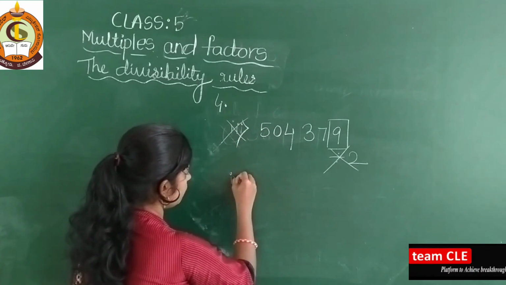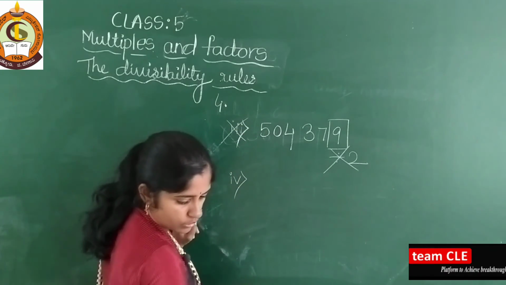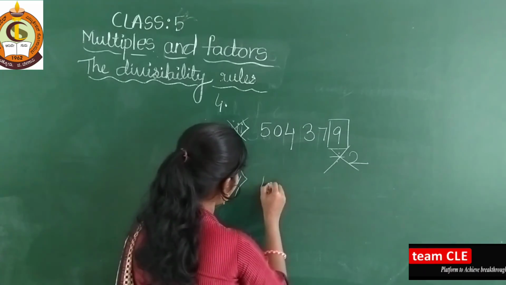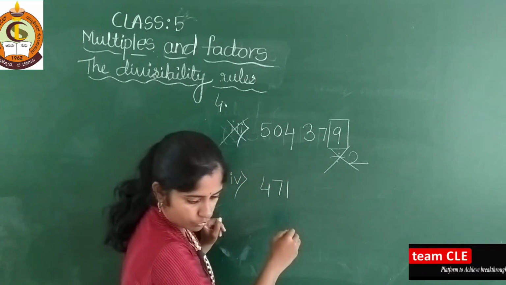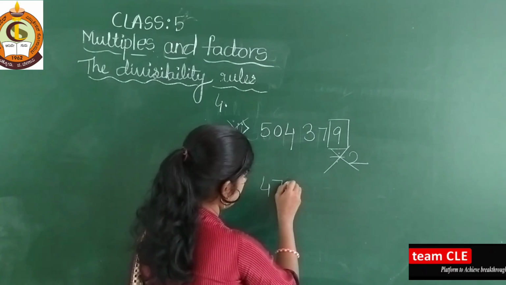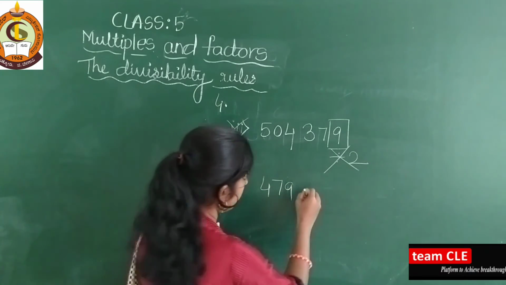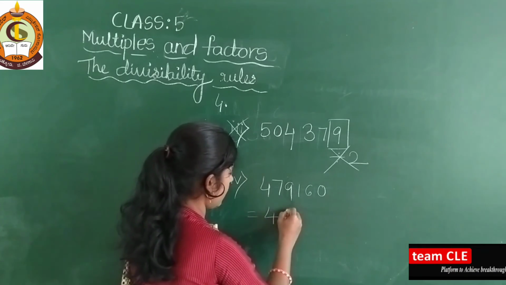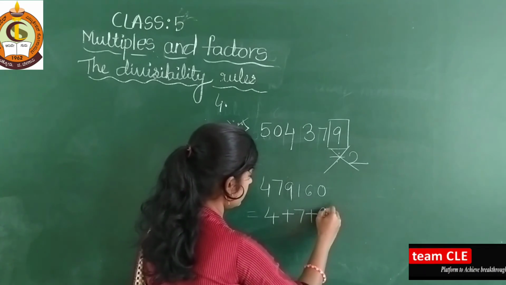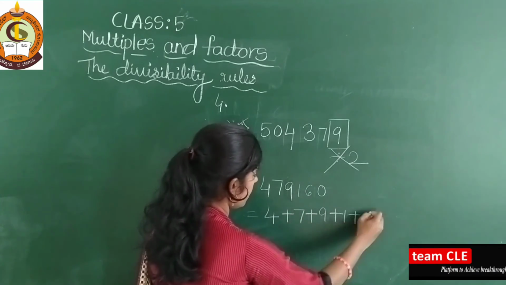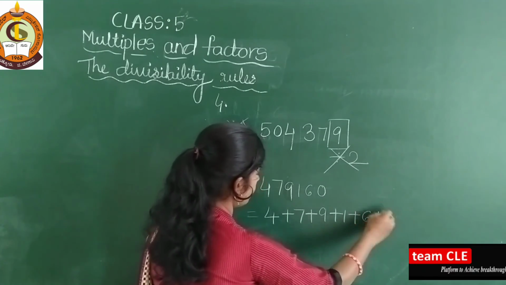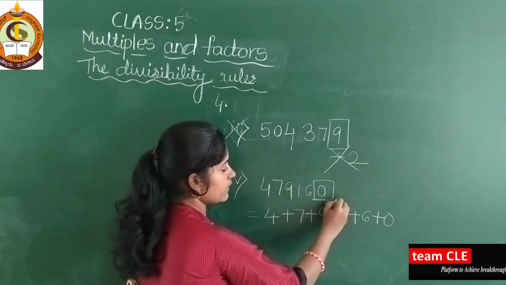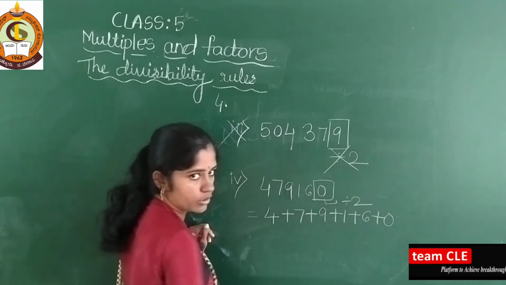Next, what is there here? The fourth one. So check it out: 479,160. So add the digits: 4 plus 7 plus 9 plus 1 plus 6 plus 0. See here, in the ones place 0 is there, so the number is divisible by 2, isn't it?